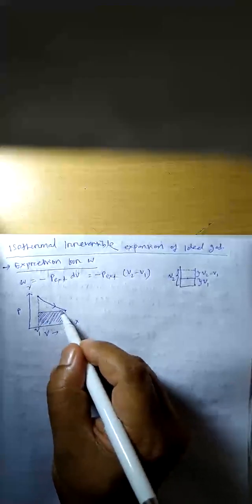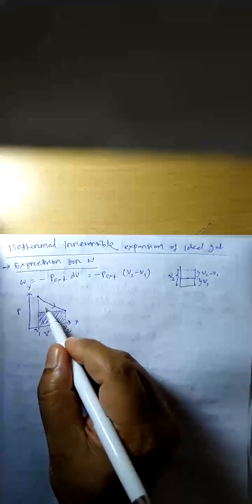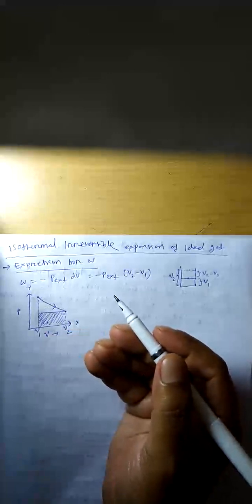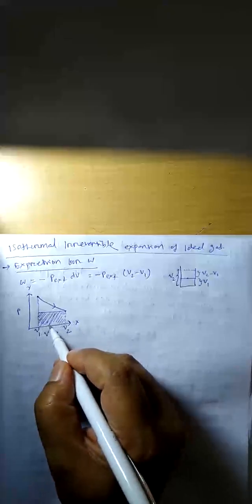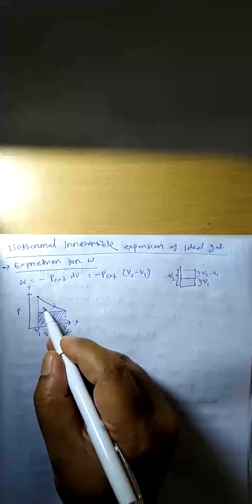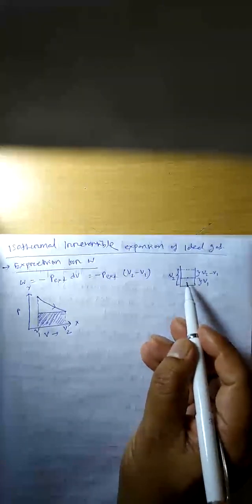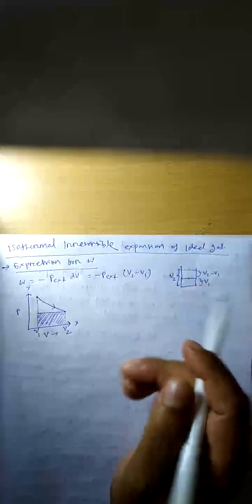This much amount is less than that of the reversible, because reversible is a theoretical concept, but in this case the actual work we get is this much. This much amount is wastage due to friction. If we put gas here, there are forces of attraction between the gas molecules.